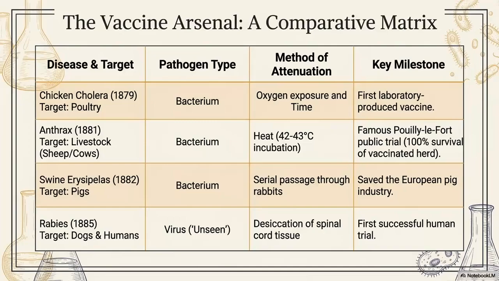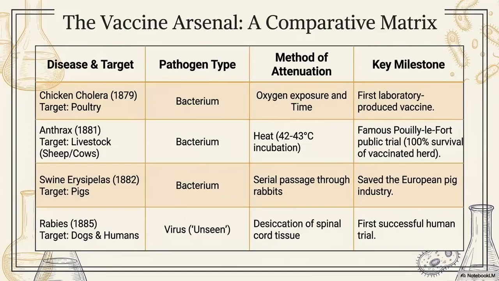Welcome to the Vaccine Arsenal, a strategic overview of how Louis Pasteur transformed laboratory serendipity into a systematic science of protection. This comparative matrix tracks 4 landmark breakthroughs that moved from the barnyard to the human bedside. We observe a diverse tactical range, using oxygen and time to defeat chicken cholera, precision heating to secure a 100% survival rate against anthrax, and serial animal passage to rescue the European swine industry.